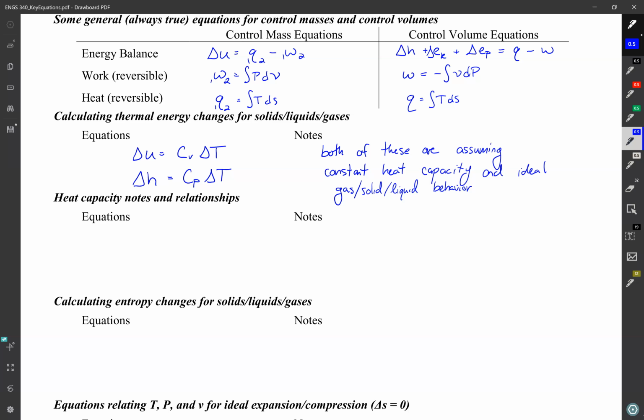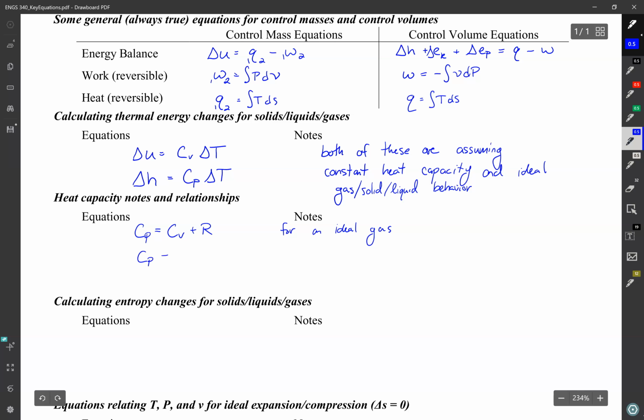For the two different heat capacities, Cv and Cp, there are some useful relationships that we should remember and write down. Cp equals Cv plus R. This is for an ideal gas.